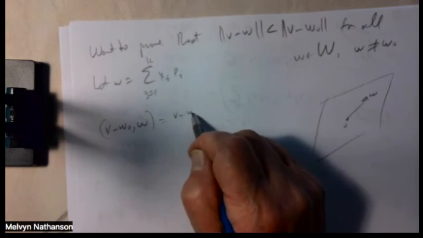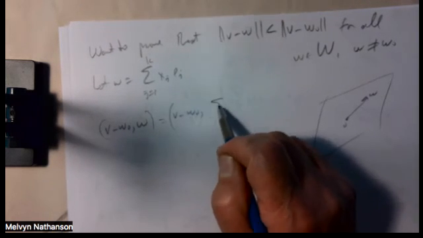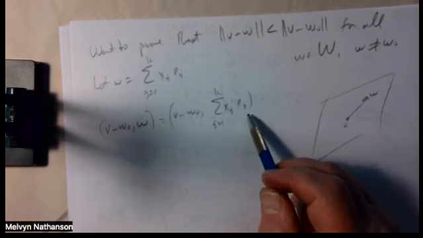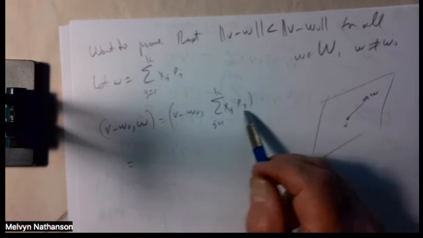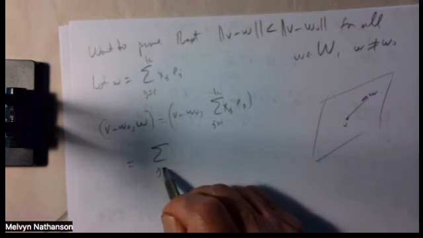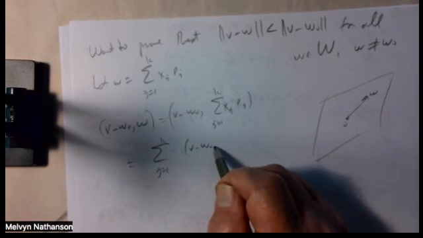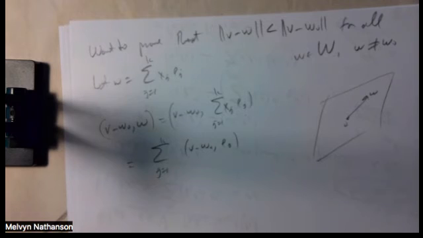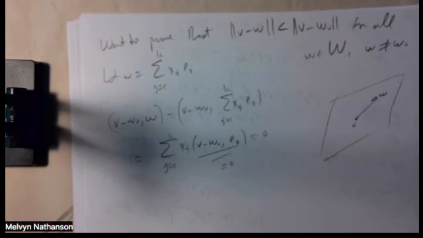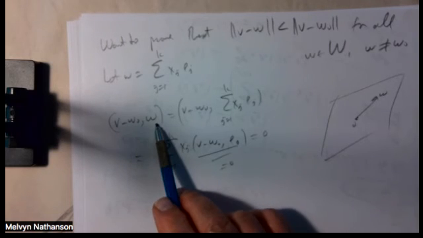That's V minus W0 inner product with the summation xj ej, j goes from 1 up to k, because this is the vector W. By expanding, again using the bilinearity of the inner product, this is the summation, j goes from 1 up to k, of xj times V minus W0 inner product with ej. But I just proved all of these are equal to 0. So this is 0. So V minus W0 is perpendicular to W.